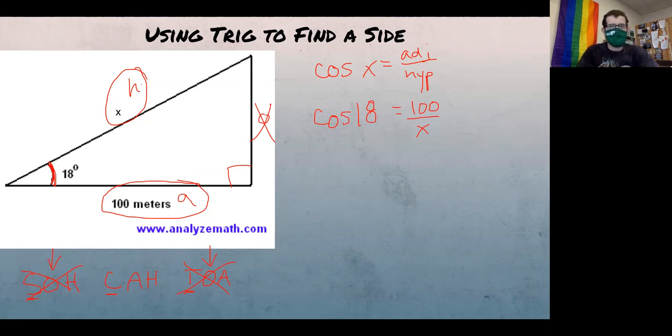Remember that cosine of a number, sine of a number, tangent of a number is just a number. If it's sine or cosine, it's going to be a decimal between 0 and 1. If it's tangent, it's going to be any number between 0 and infinity, but a lot of times it'll still be a decimal.